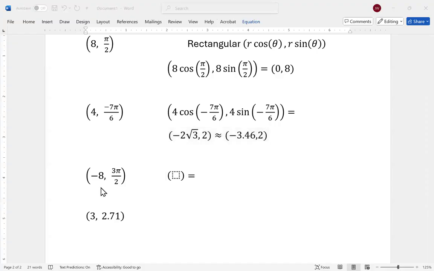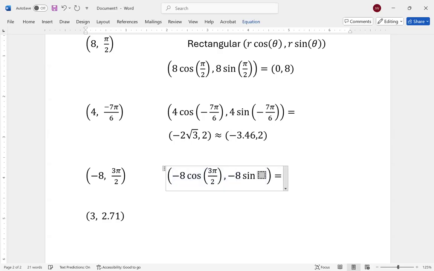Let's look at the next point, negative 8 comma 3 pi over 2 in polar. We take negative 8 times the cosine of 3 pi over 2. That would give me my x coordinate, and then negative 8 times the sine of 3 pi over 2. That would give me the y coordinate. By the way, with 3 pi over 2, when you plug that into cosine, you get 0.